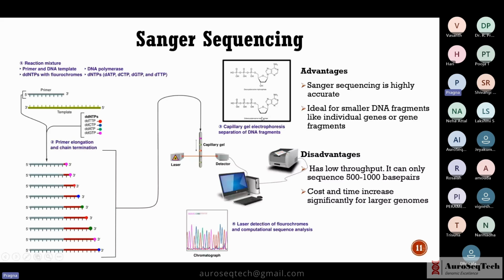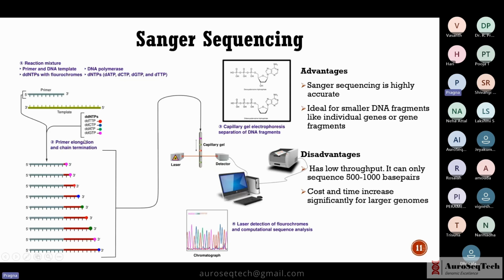Because of that, whenever a ddNTP gets incorporated during the sequencing process, the chain gets terminated there itself. It cannot proceed further. But the good thing is this is attached with a fluorochrome. So by the end of this chain reaction, you end up having a bunch of DNA fragments of different lengths.